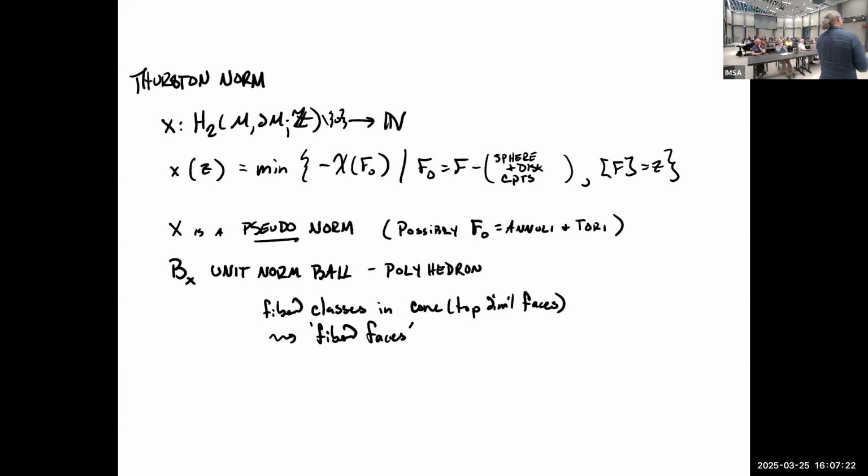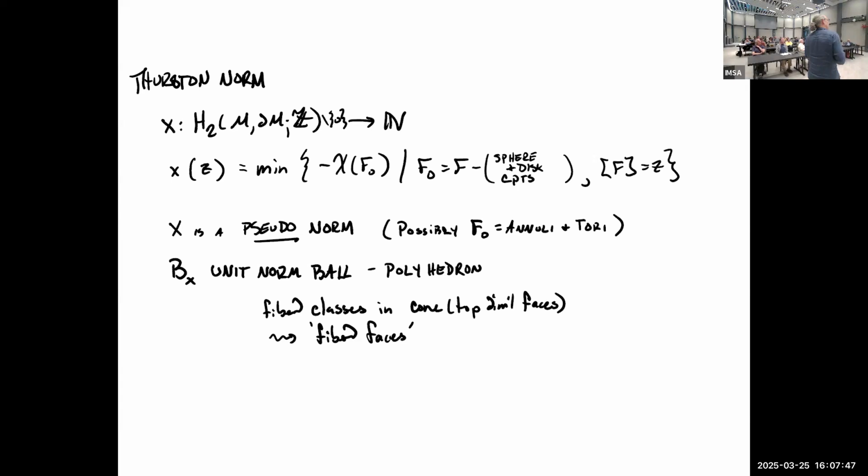And in fact, it has tons of nice properties that record a lot of the structure of what's going on with these second homology classes. So you have something called a unit norm ball. If you have a norm, you have that. As long as it's actually a norm, not just a pseudo norm, it's a legit ball. Otherwise, you might have vertices at infinity. But it has the structure of a polyhedron.